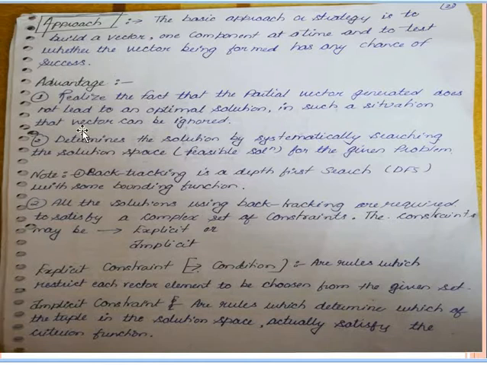If we follow this approach, we have certain advantages. The first is that we realize that the partial vector generated does not lead to an optimal solution. With that partial vector we cannot find an optimal solution.